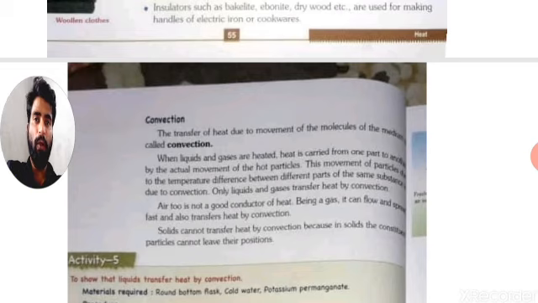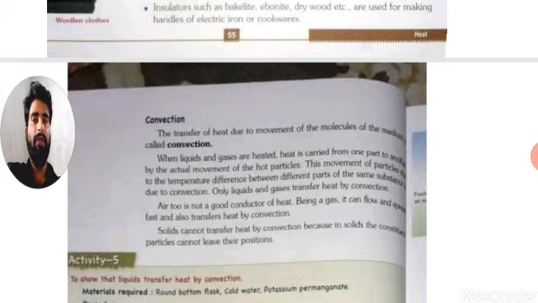That means hot air goes up, and the space vacated by the warm air is filled by cold air from the surroundings. The convection current thus starts in the heated air.